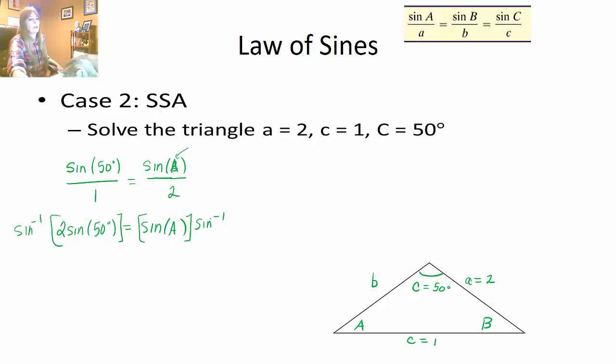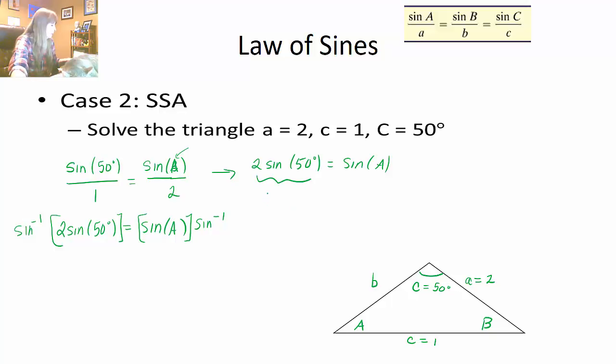Now, if you just straight do this, you're going to get an error in your calculator, and you're going to wonder, what happened? Well, if I rewrite this, 2 sine of 50 degrees equals sine of A, and I actually put this in my calculator, I get 1.53.